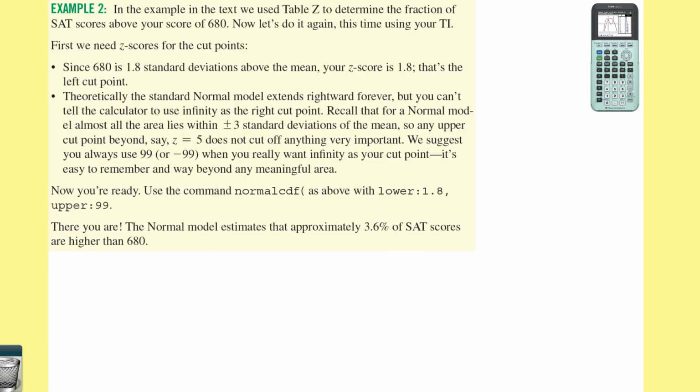So let's do another example. Take a second to read this, so pause it. Okay, in this one, I really think it just does it straightforward. Here's the mean, and you are 1.8 positive standard deviations from the mean, so you wanted to find this area.